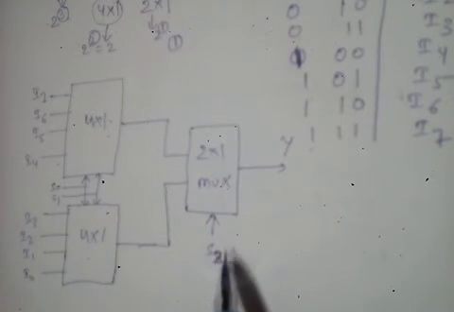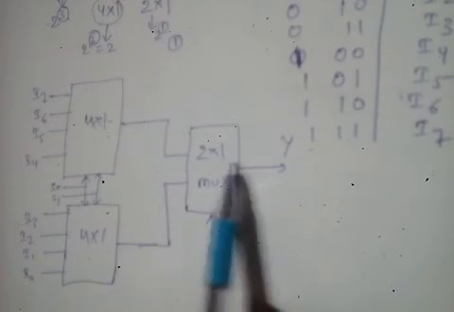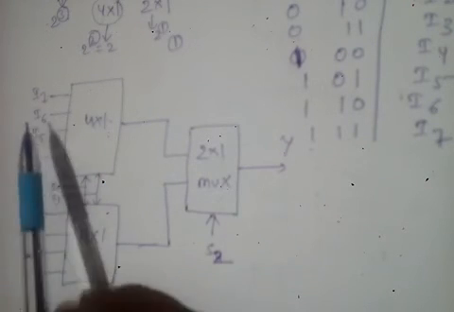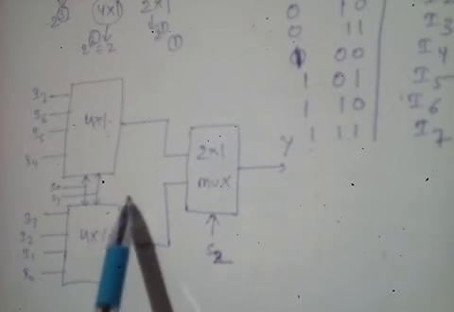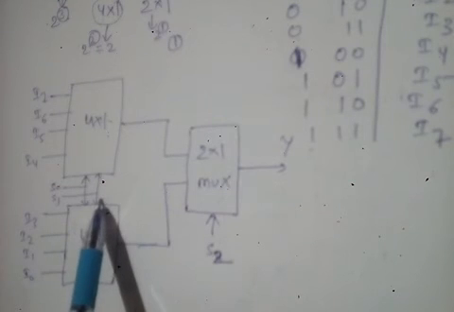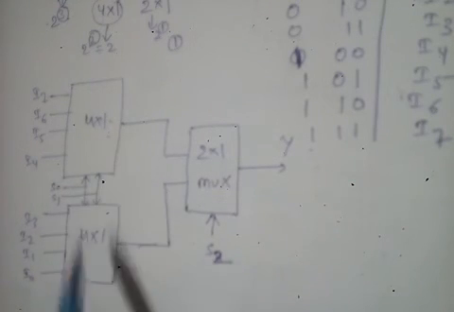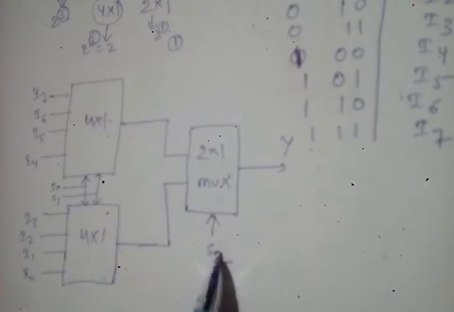When S2 is 1, the output will be one of the 4 inputs I4 to I7, based on the selection lines S1 and S0. Therefore the overall combination of 2 4 by 1 mux and 1 2 by 1 multiplexer can be performed as 1 8 by 1 mux.